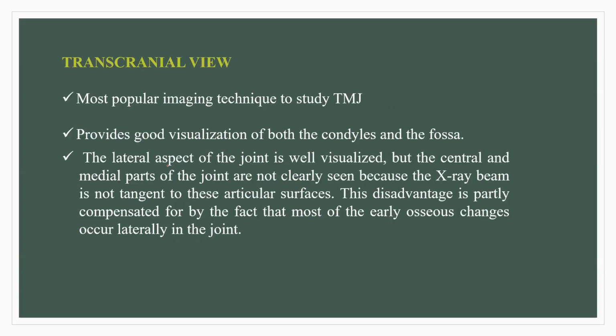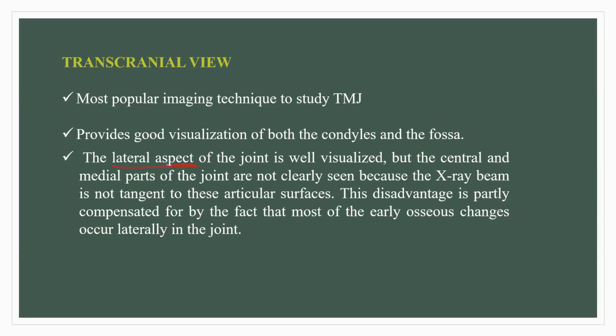So first we'll be talking about the transcranial view. The transcranial view is the most popular imaging technique of the TM joint. It provides a good visualization of both the condyles and the fossa. A point to remember is that we get to see the lateral aspect of the joint. Okay, so we can very well visualize the lateral aspect of the joint with the help of the transcranial view.